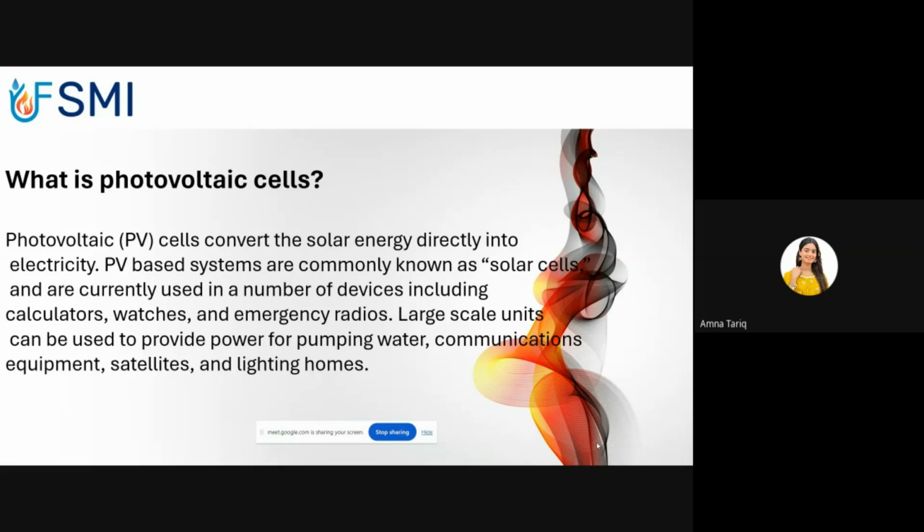Photovoltaic cells use semiconducting material to capture the energy of sunlight, which is composed of photons. These photons contain energy corresponding to their wavelengths in the solar spectrum. When sunlight, or photons, strike the PV cell, electricity is generated and we use it for different purposes.